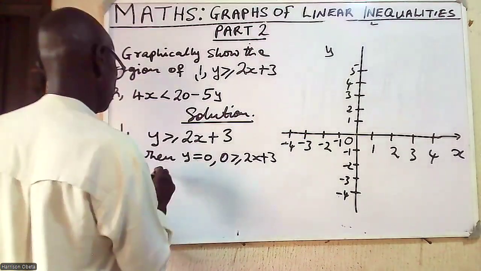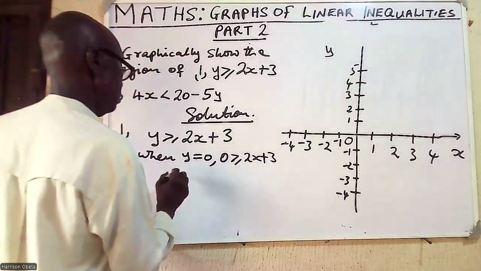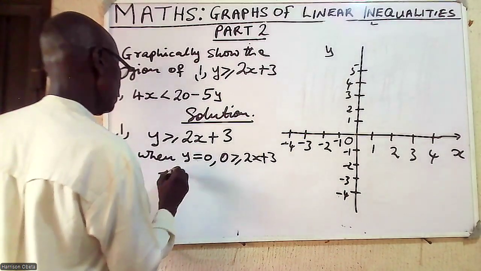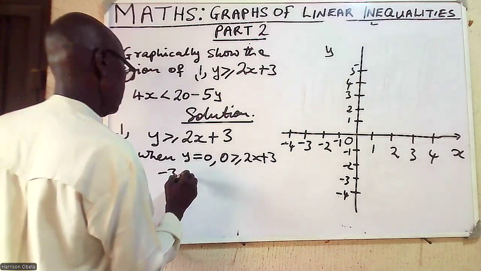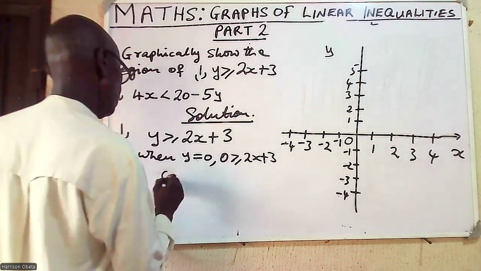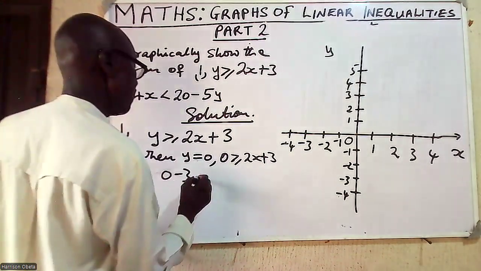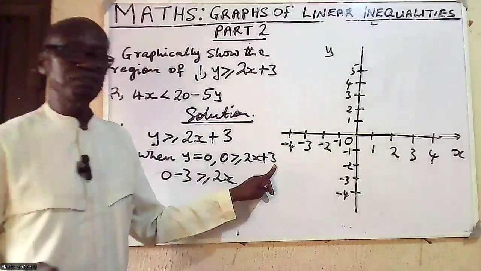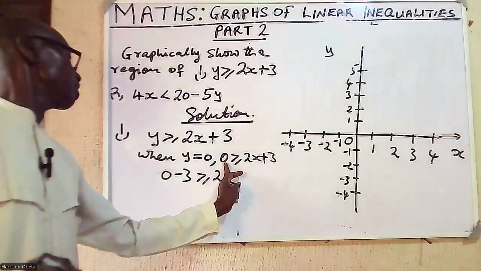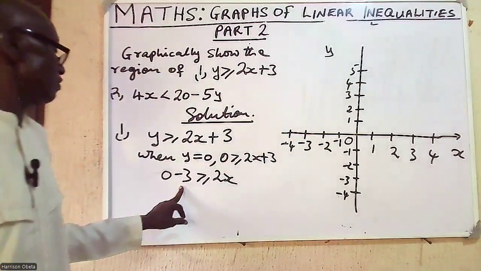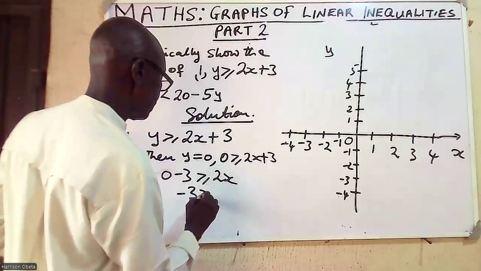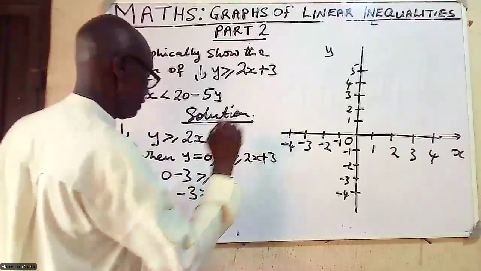So we have 0 minus 3 is greater than or equal to 2x. I've transferred positive 3 to the left-hand side, making it negative, and that means minus 3 is greater than or equal to 2x.